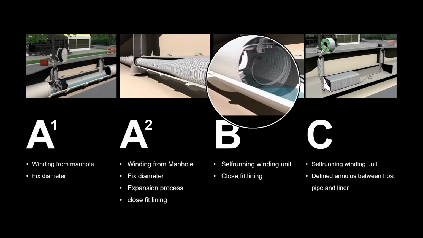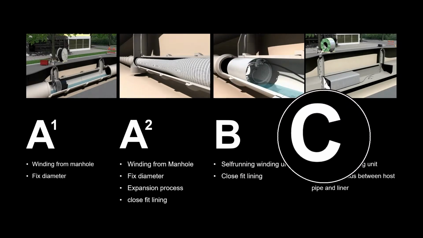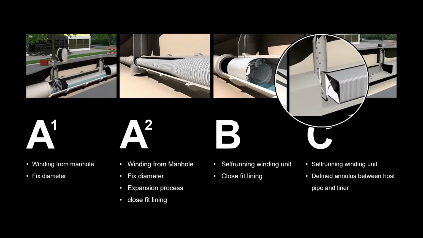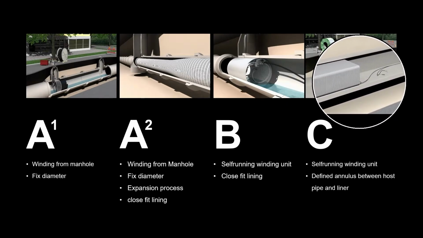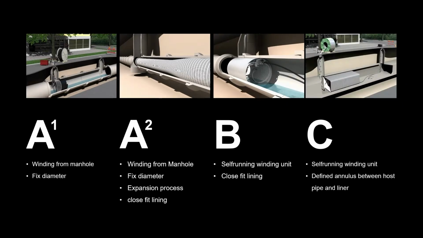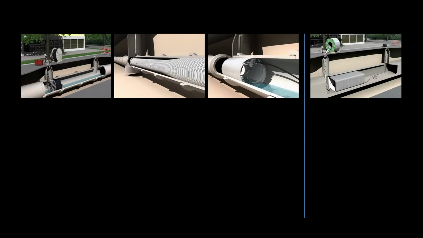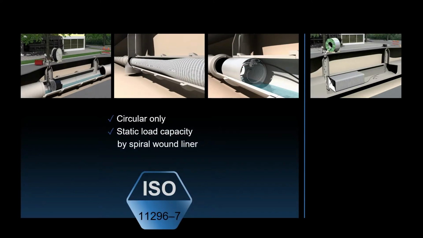And last but not least, the group C. This one is also a self-running machine, so installed through the starting manhole and then leaves the liner behind with a defined annulus between the host pipe and the liner, which will then be filled with the cementitious mortar or concrete as mentioned.